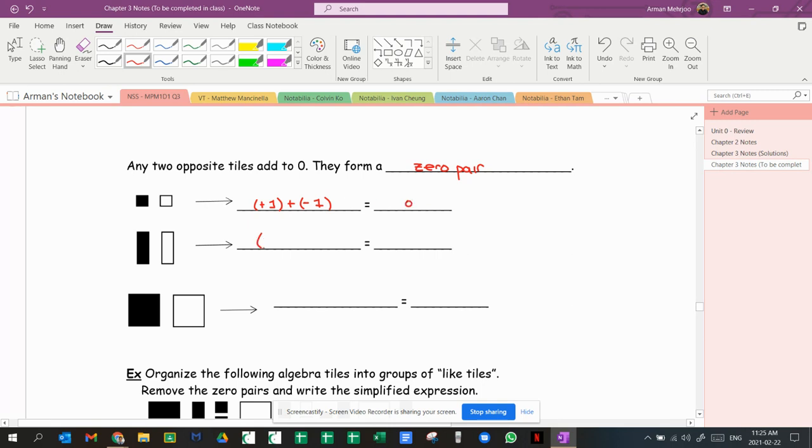In the next one, it looks like I have a positive x as well as a negative x. And positive x plus negative x equals 0. In this last one over here, it looks like I have a positive x squared being added up with a negative x squared. So a positive x squared plus a negative x squared equals 0.